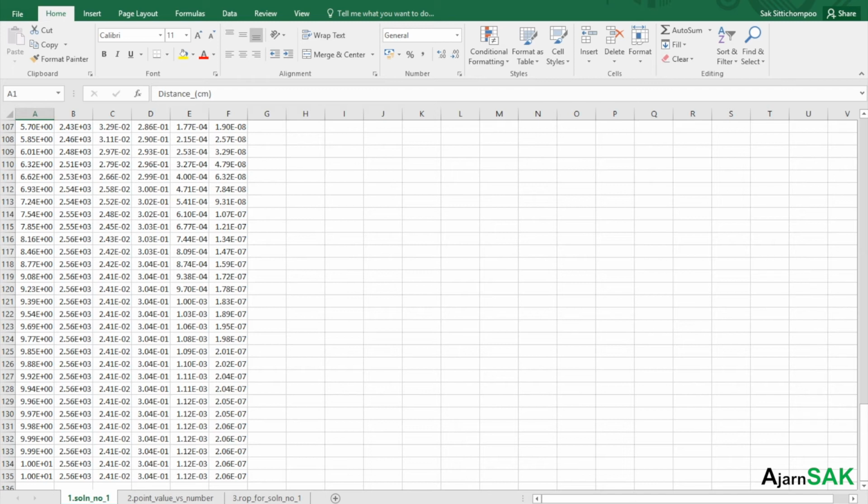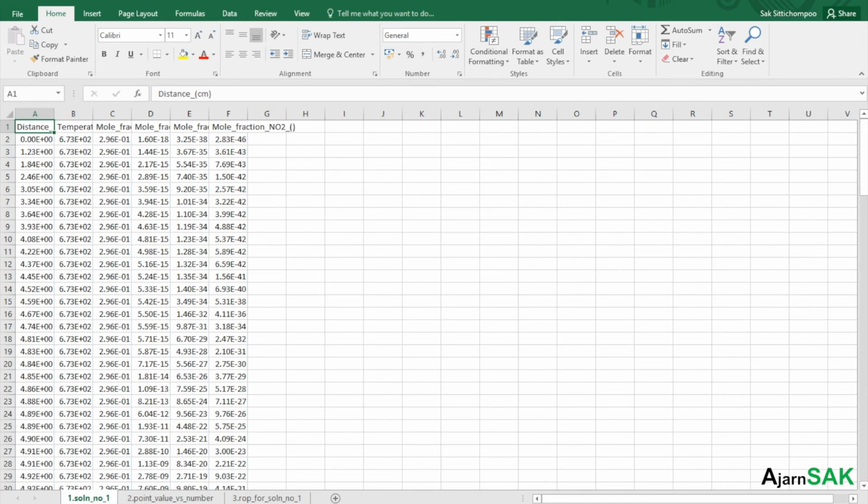So you can see that this starts from 0 centimeter to 10. It's increased like 0.6, and you cannot control this. It refines automatically based on conversion rate, right? It wants to converge.